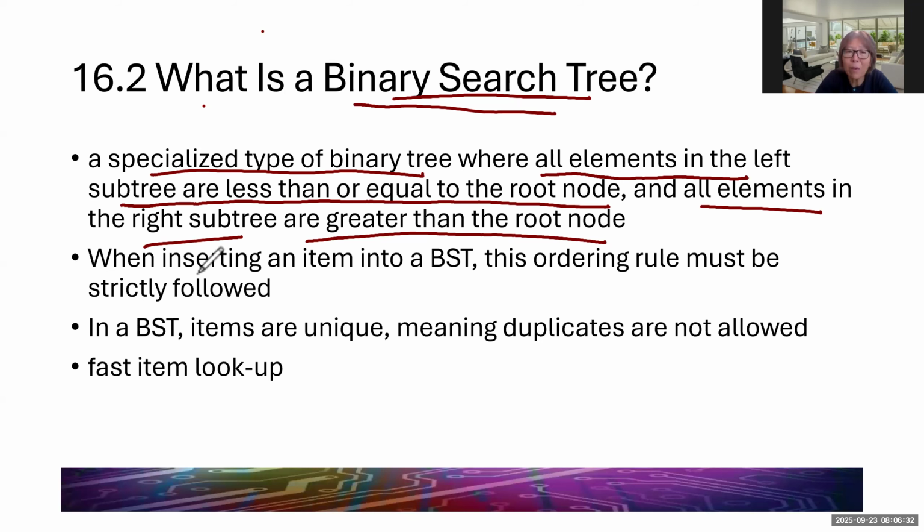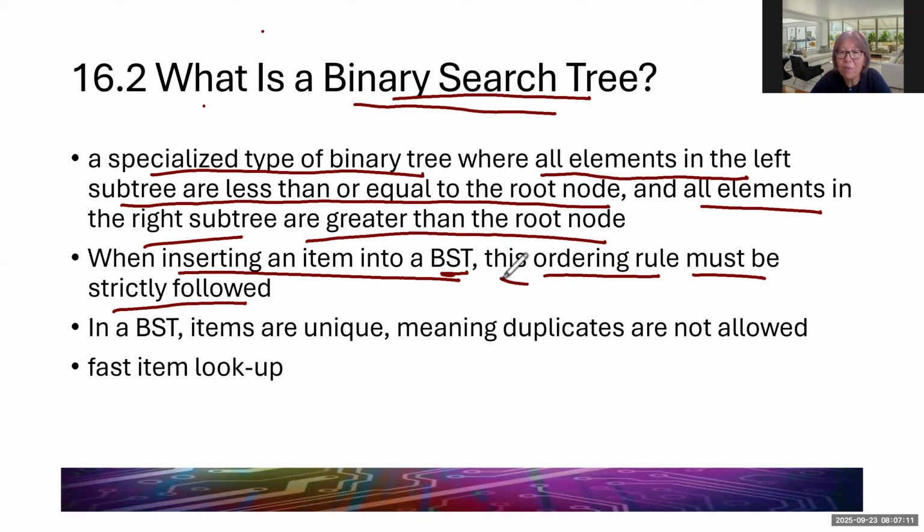Whenever we try to insert a new item into the binary search tree, this ordering rule must be strictly followed. Any values in the left subtree of a node are going to be less than or equal to the node value, and the values from the right subtree nodes must be greater than the value in the node.